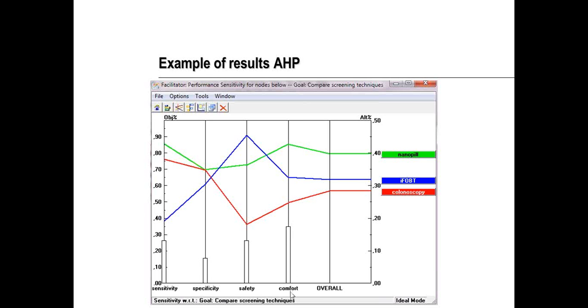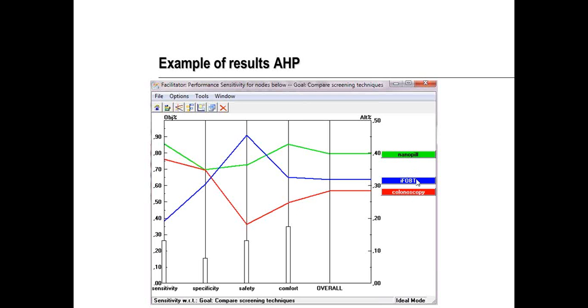So they say, well, for their decision, if they really wanted to be examined with one of these screening techniques, comfort is really important for them if they would come to such a screening or not. And they say the second most important criterion is the sensitivity, followed by safety, and the least important one is the specificity.